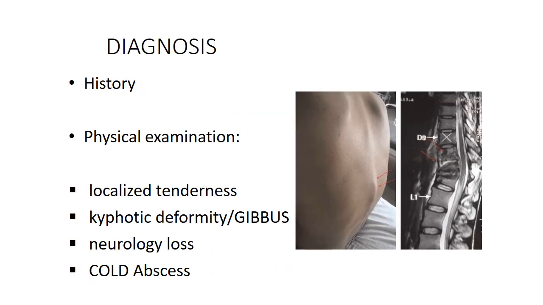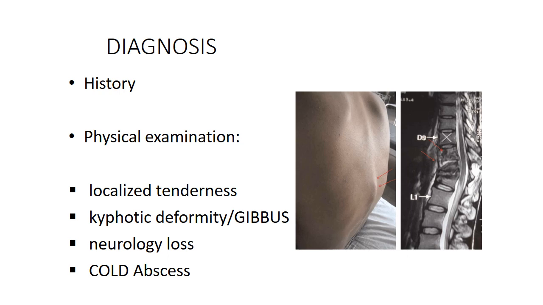So the diagnosis most commonly starts with a history of tuberculosis, all the symptoms of tuberculosis: low-grade fever, lethargy, night sweats, fatigue, malaise, anorexia, and weight loss, all symptoms of tuberculosis.